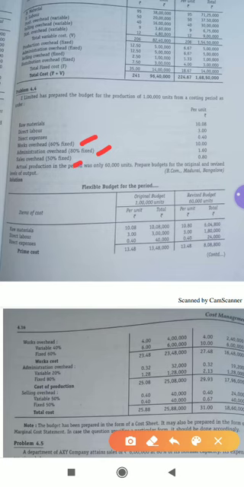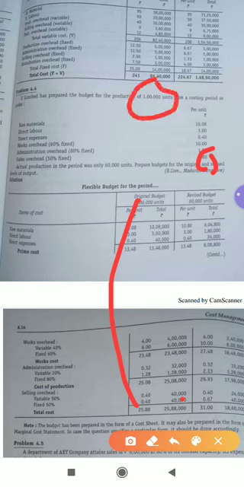The next one we have is sales. See, 50% is fixed, so 0.8 into 50% will be 0.4. 0.4 into 1 lakh units, so 40,000. See, why I am taking 1 lakh, because they have given it for the original quantity, that is 1 lakh. So 40,000 you have to write here, same amount.